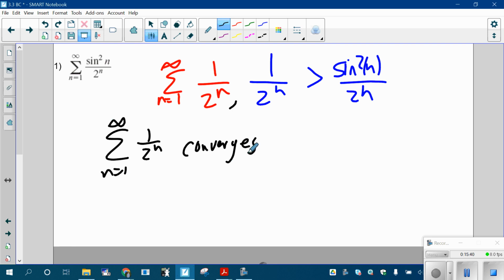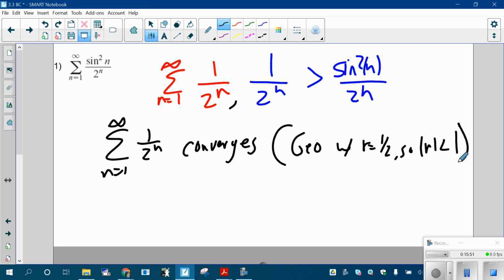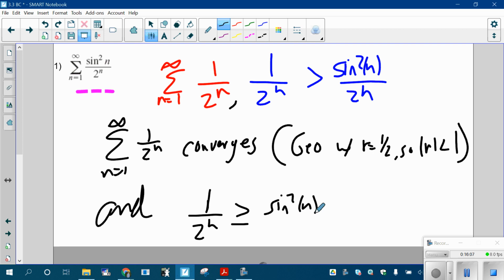Well, I need to explain why. It's a geometric series with r equals 1/2, so the absolute value of r is less than 1. I need to say that. And not only does it converge, but it's pushing downwards on the magic box. It's above this guy: 1/2 to the n is greater than or equal to sine squared of n over 2 to the n.